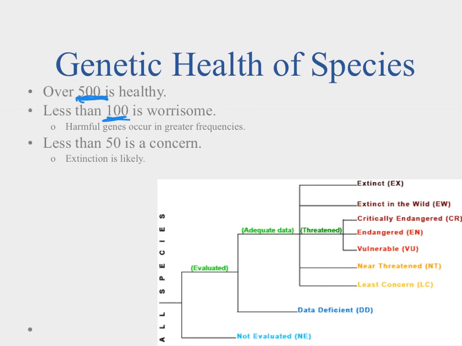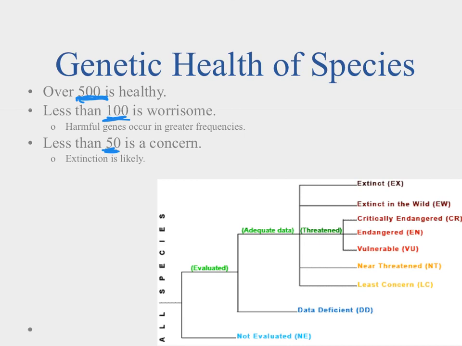When you have a small population like that, we start to see some harmful genes occurring at greater frequencies. They're always there, but they just show up a little bit more. They're a little more prevalent. And then when we get down to small numbers like 50 or so, you get to a point where you can't come back, and that's where extinction happens. So the genetic health kind of tells us the number of animals.